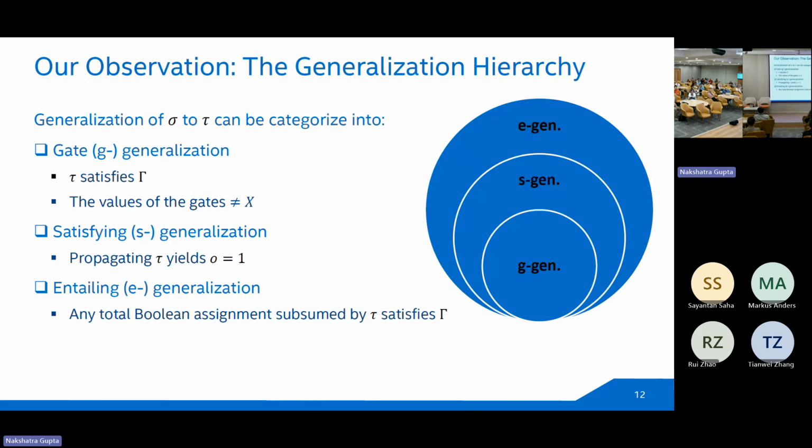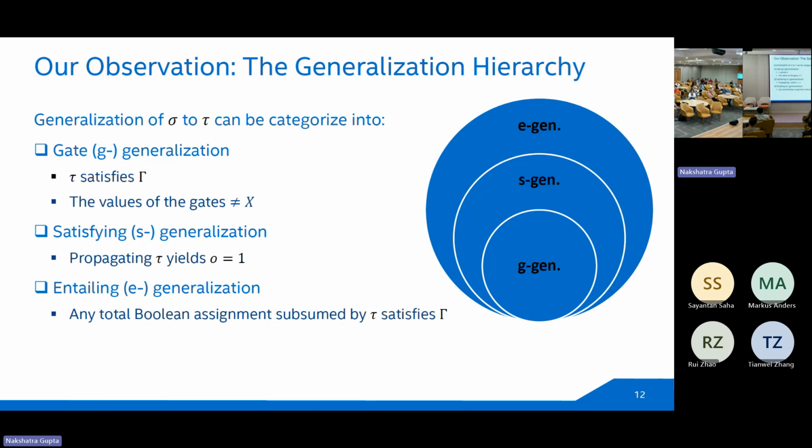So the most restrictive one, the gauge generalization, which we did not mention, we have more details about it in the paper, requires that the generalized solution satisfies the circuit and the values of the internal gates are not equal to the don't care value. Then we have the satisfying generalization that requires that the generalized solution satisfies the circuit.